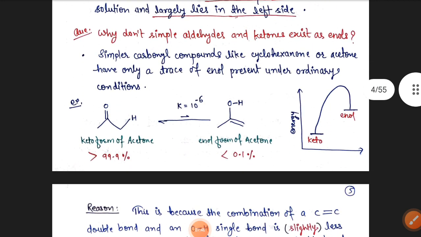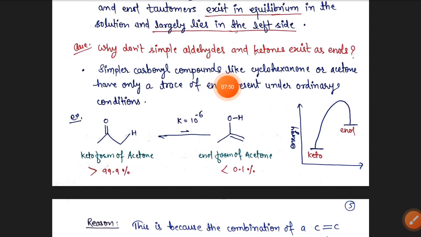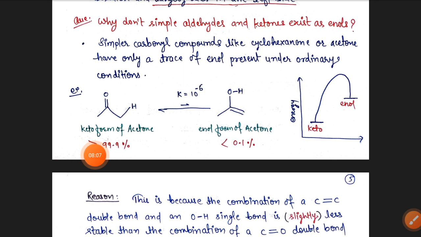Why don't simple aldehydes and ketones exist as enols? Simple carbonyl compounds like cyclohexanone or acetone have only a trace of enol present under ordinary conditions. The keto form of acetone is much more stable than the enol form of acetone.